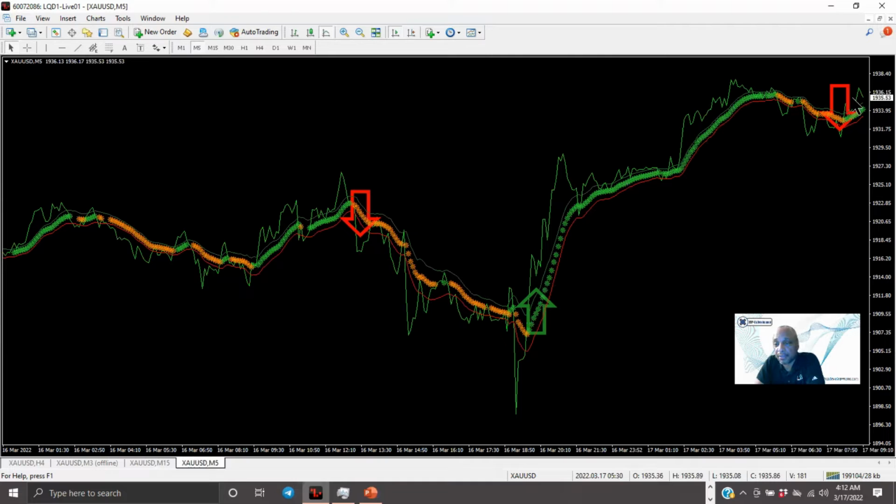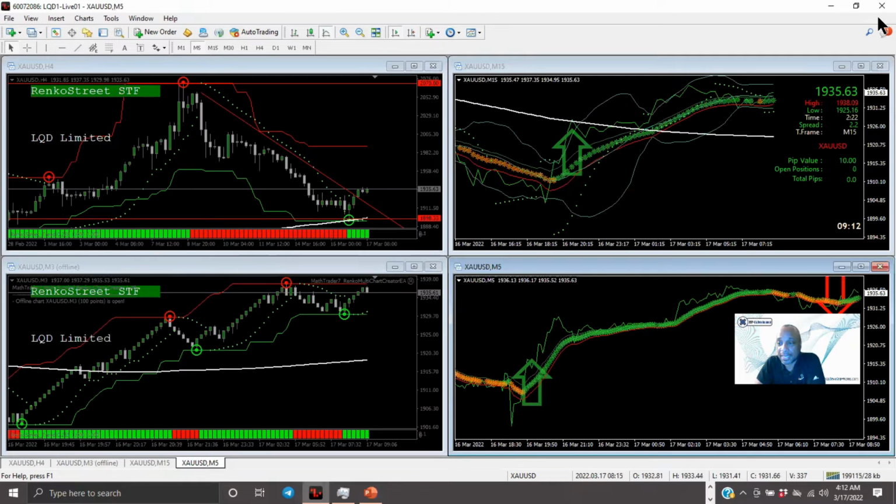The 5 minute has indicated a sell signal based on price action, and based on this alone, as well as the 15 minutes not having correlated together, I will sit this one out, really, and just simply wait.